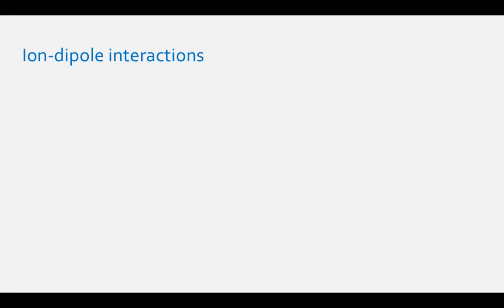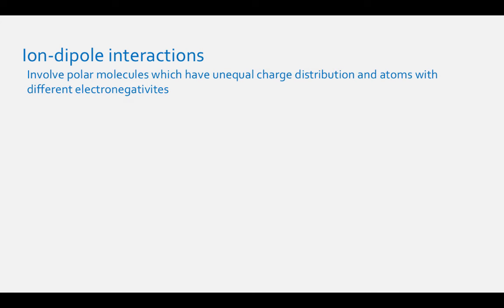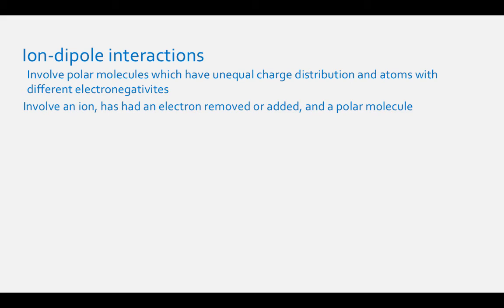Another type of intermolecular force that involves polar molecules is ion-dipole interactions. These interactions involve an ion, which has had an electron removed or added, as well as a polar molecule.